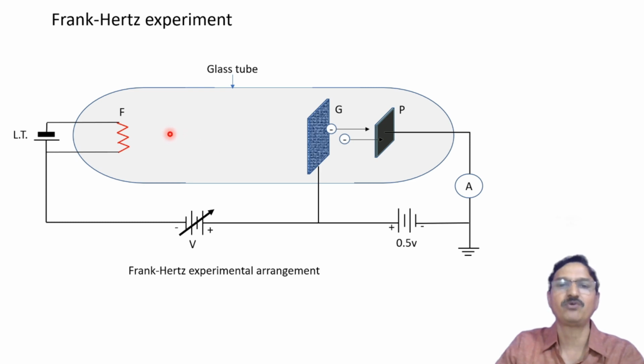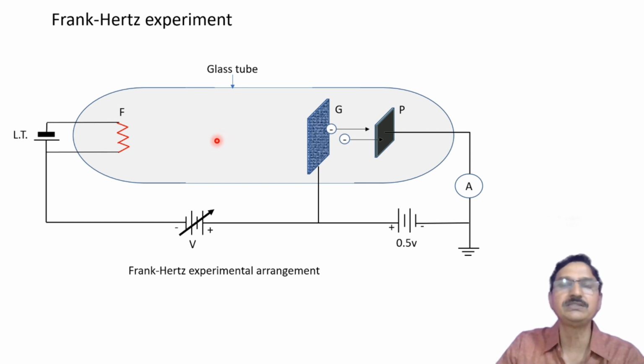At this 4.9 volt, these electrons emitted from this filament acquire sufficient energy so that when the electrons collide with the mercury atoms in their path, the collision becomes an inelastic collision.